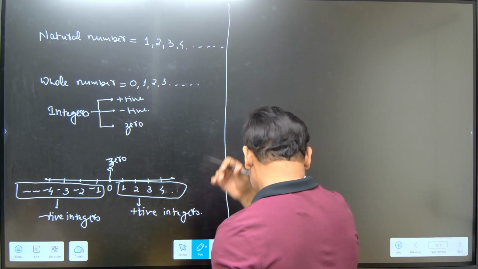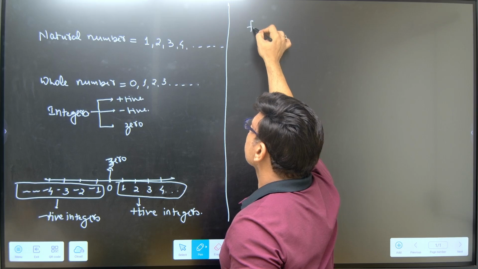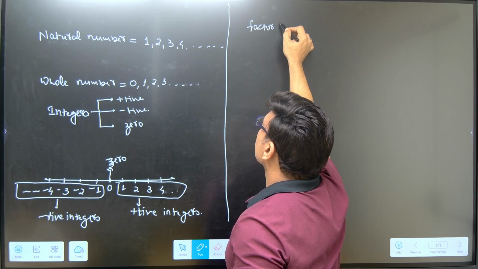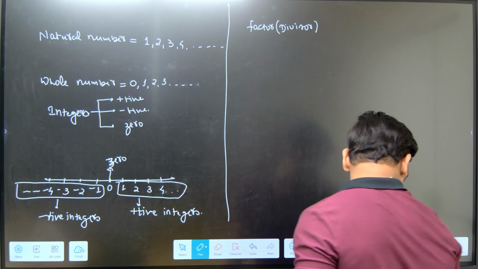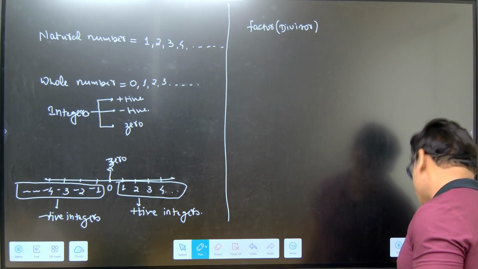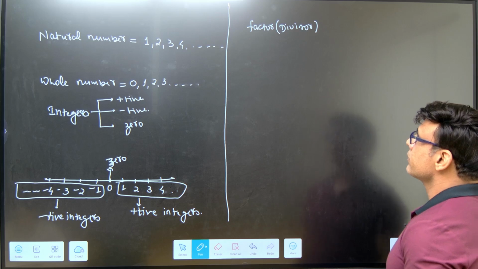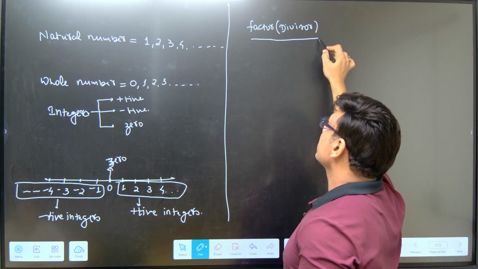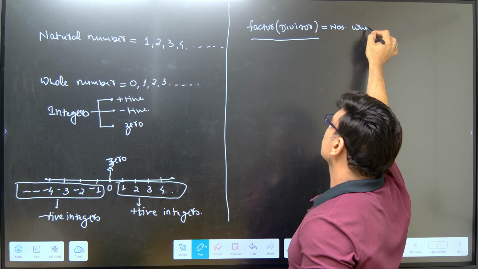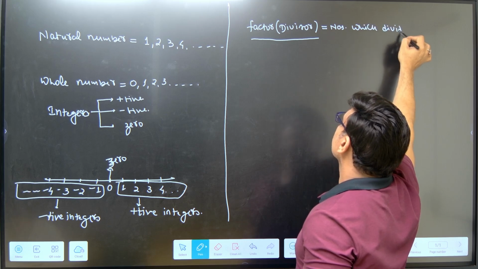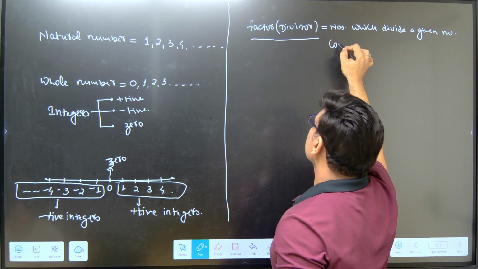Then we'll come to prime numbers first. Before that, we will understand something called a factor, also called a divisor. If I ask you to find the factor of a number or the divisor of a number, both are the same. Don't get confused. Factors are those numbers which divide a given number completely.